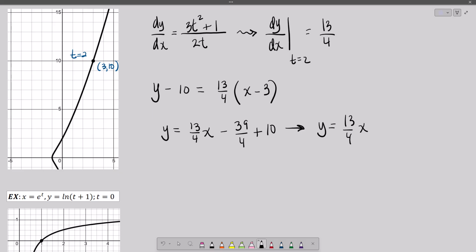Here we'll write that as 40/4, so plus a fourth. That would be our tangent line. And then our tangent line will be going right through that point, roughly there.